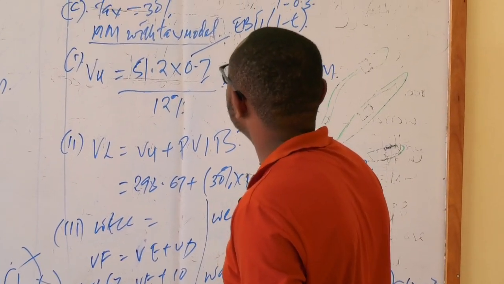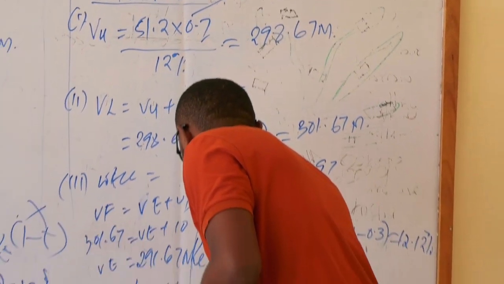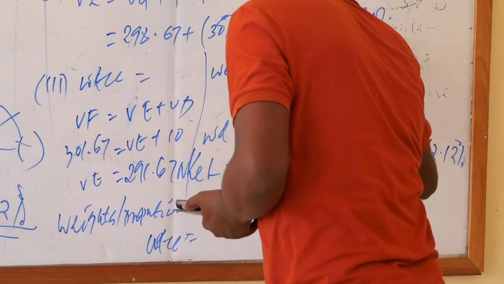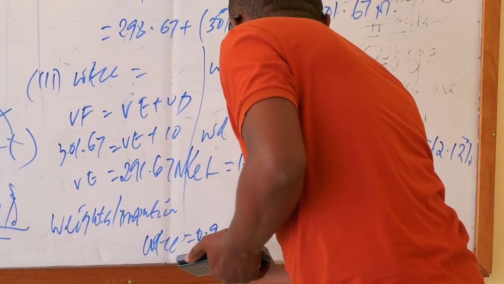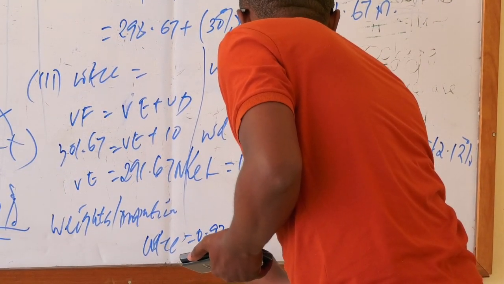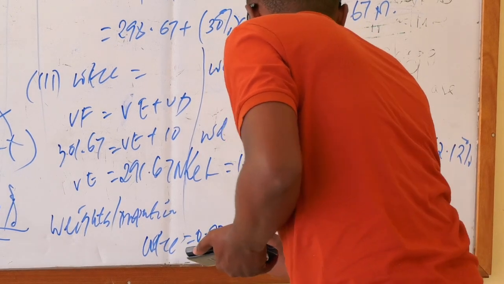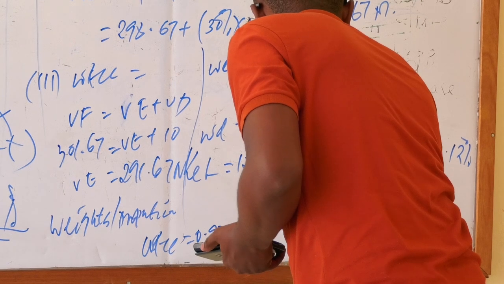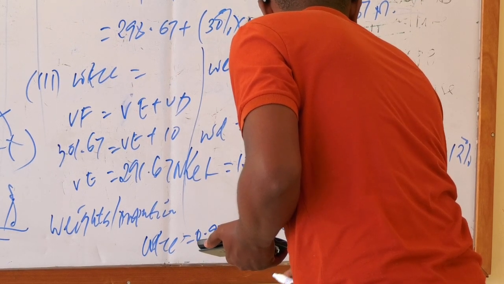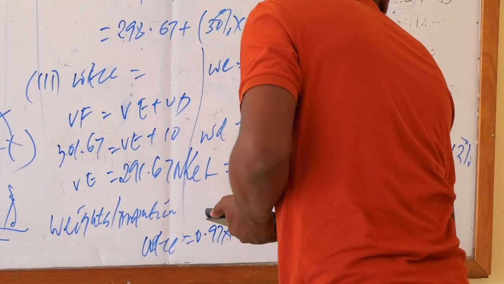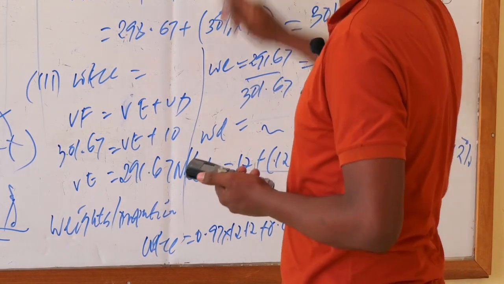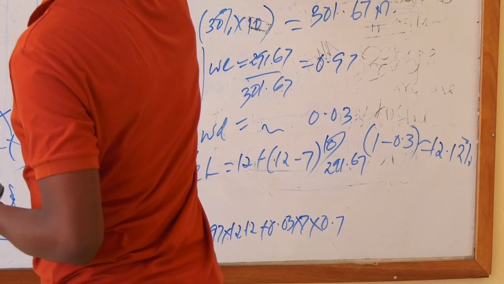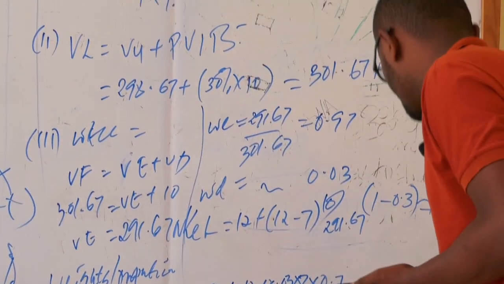Similarly, the cost of debt will be the same. Then you go to the WACC. You're going to have 0.97 times cost of equity, which we have gotten here, 12.12, plus 0.03 times cost of debt, which is 7, then you multiply by 0.7. I've told you when you have tax, you have to include this proportion of tax on the cost of debt, because this one has tax.